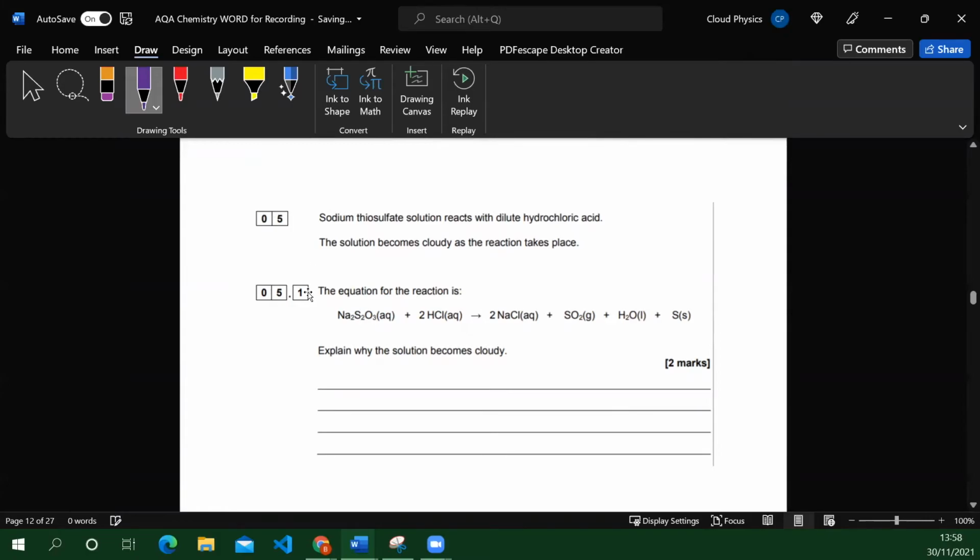The equation for the reaction: sodium thiosulfate plus 2 HCl, 2 hydrochloric acid, goes to sodium chloride plus sulfur dioxide plus sulfur. Explain why the solution becomes cloudy. It's because of sulfur, I was actually about to say that before the question. So sulfur is formed as a precipitate.